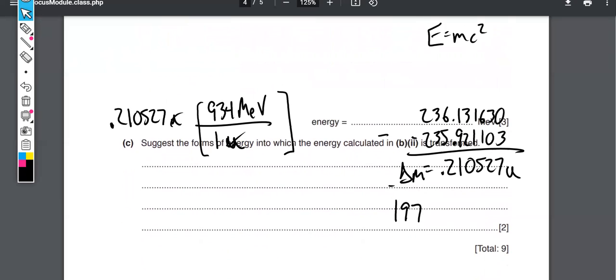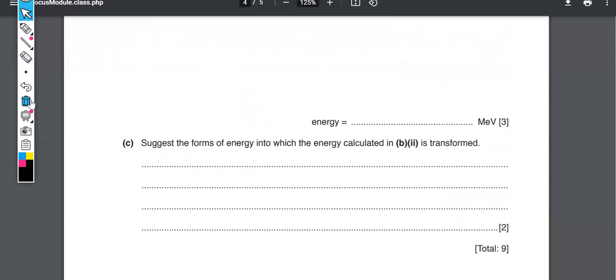And then lastly, we want to suggest the forms of energy into which the energy calculated in B2 is transformed. And so anytime you're thinking about nuclear reactions, you should think about gamma photons being created. And there's also kinetic energy of the byproducts. So when a neutron bombards a uranium nucleus and the nucleus splits apart, those fragments are going to have kinetic energy, and that energy has to come from somewhere because we know that energy is neither created nor destroyed.